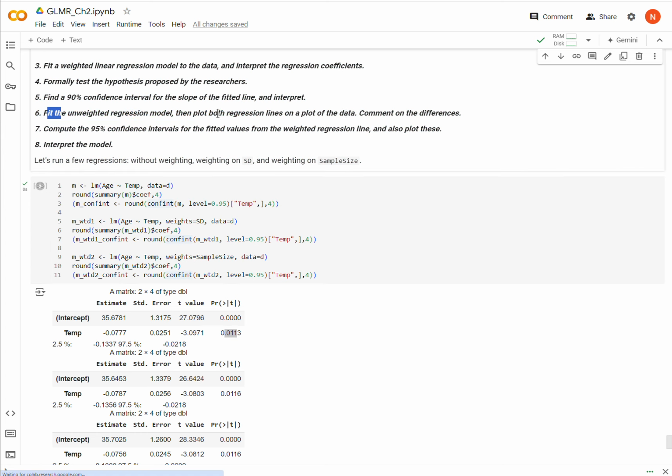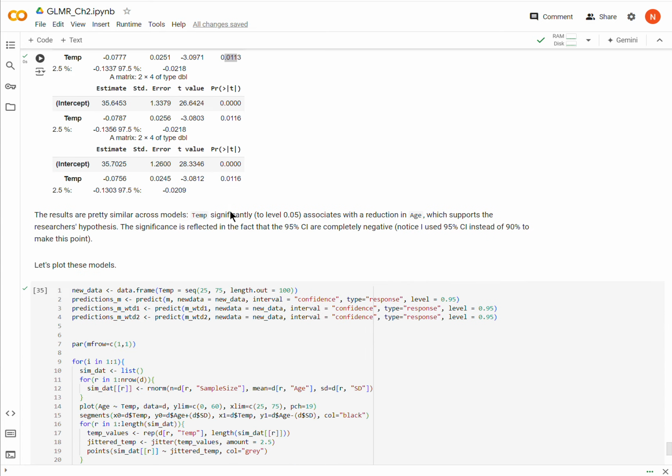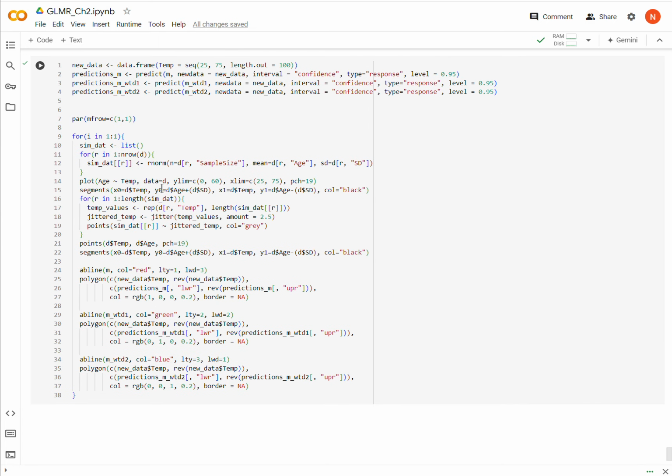So now we're going to plot all of these, and also put a 95% confidence interval on the fitted values here. I want to generate new data for temperature, so it's just going to be a sequence that goes the extent of the data, maybe even a little bit beyond it, and then I'm going to make predictions for each model here.